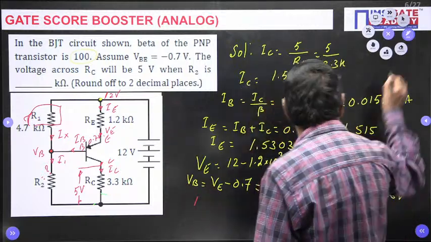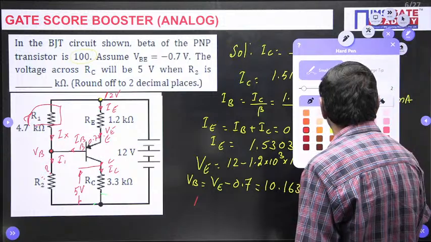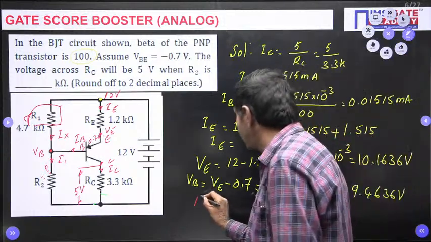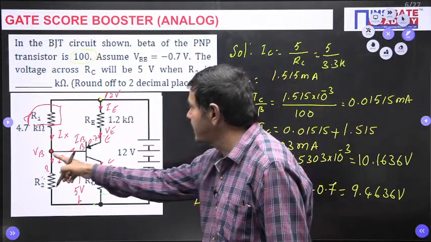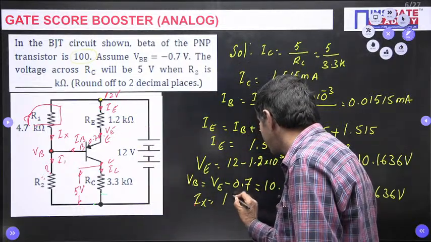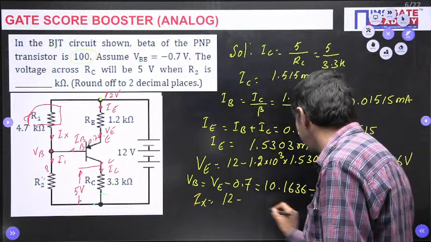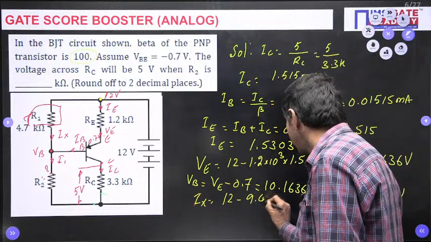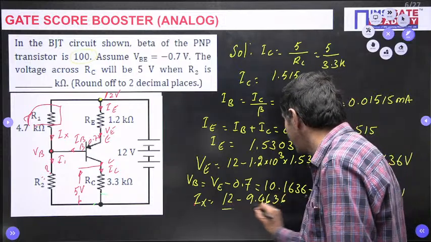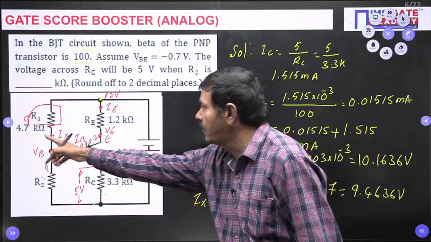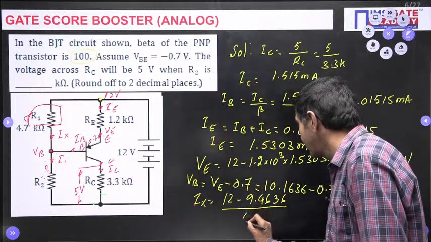But how can I find the Ix here? Ix can be calculated like this, you watch. Ix is nothing but 12 minus VB, and 12 minus VB is 9.4636, divided by the resistor, 4.7 kilo ohms.